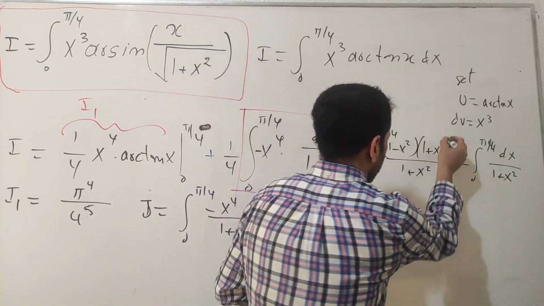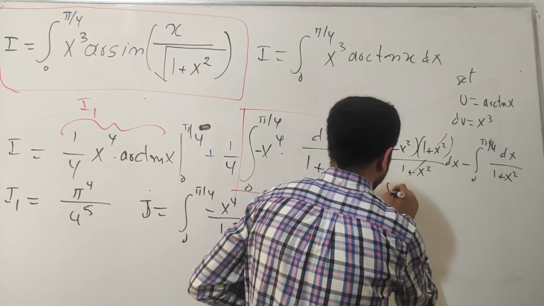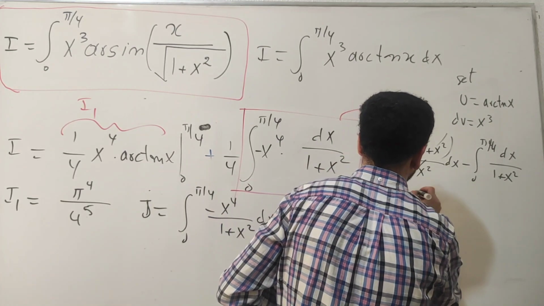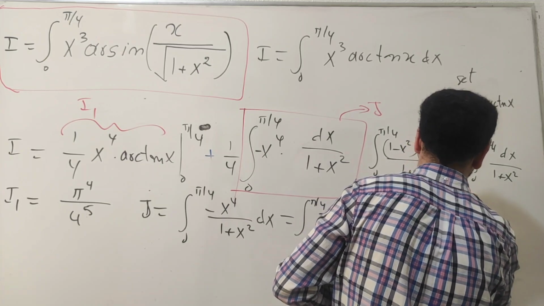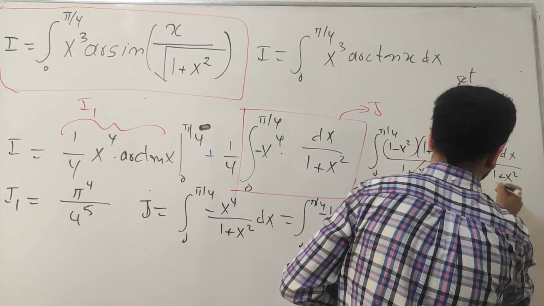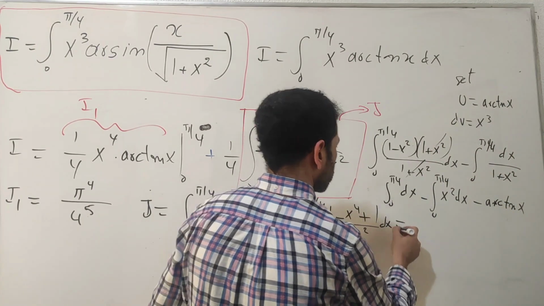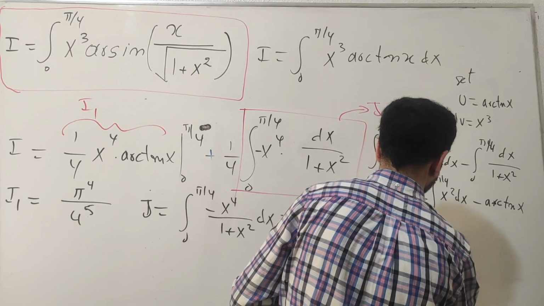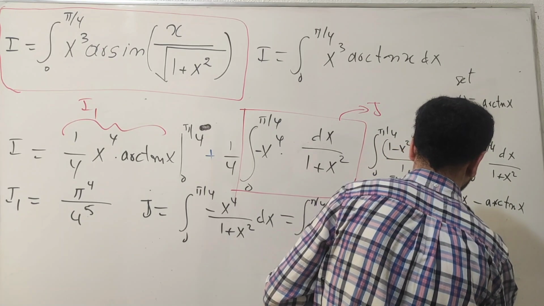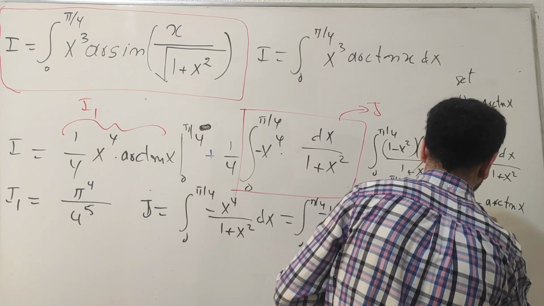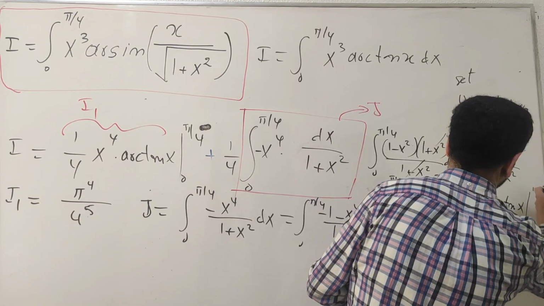So cancelling out this one and this one, I will be left with the integral from 0 to pi over 4 of dx, minus the integral from 0 to pi over 4 of x squared dx, minus this one, which becomes arctangent of x. Okay, evaluating this one separately, this one is going to give us pi over 4. This one is going to give us minus 1 over 3 times pi to the 3 over 4 to the 3, evaluated from 0 to pi over 4.